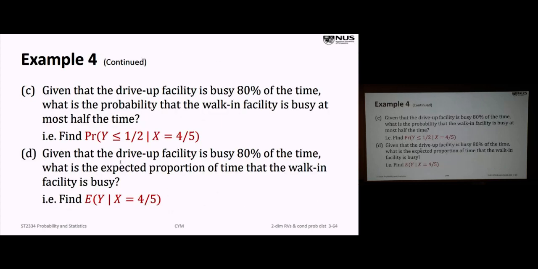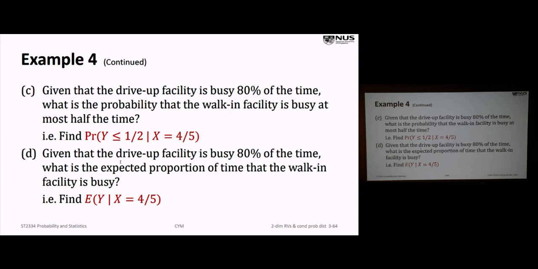Now part D. Given that the drive-in facility is busy 80% of the time, what is the expected proportion of time that the walk-in facility is busy? That is, I want to compute the conditional expectation of y given x is equal to 4 over 5.